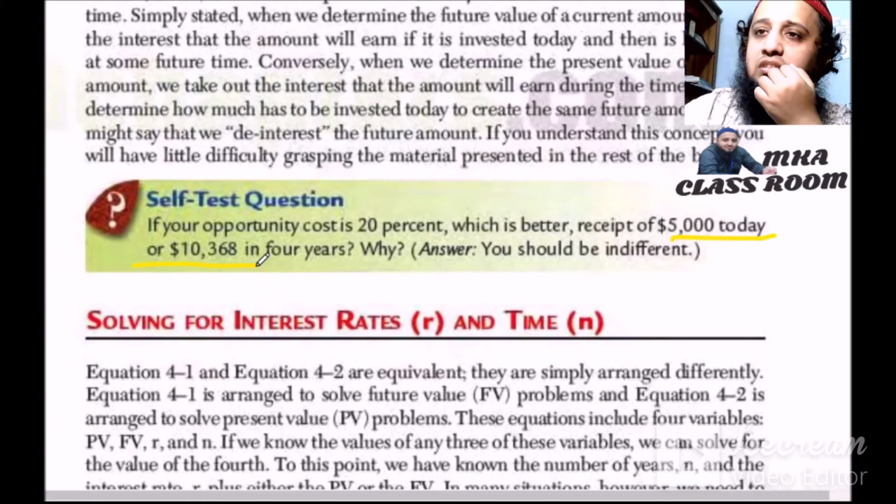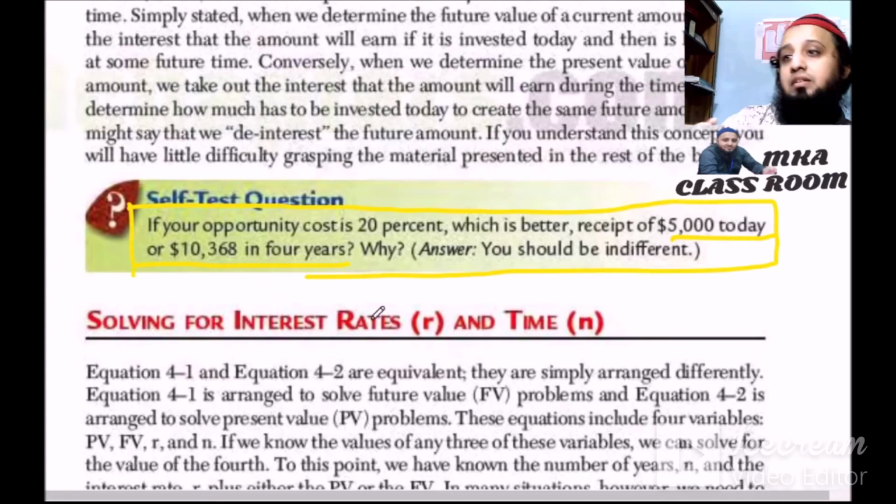If your opportunity cost is 20%, which is better, receipt of 5,000 today or 10,368 in 4 years.